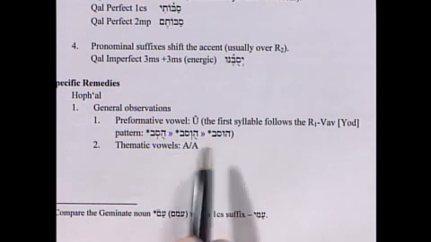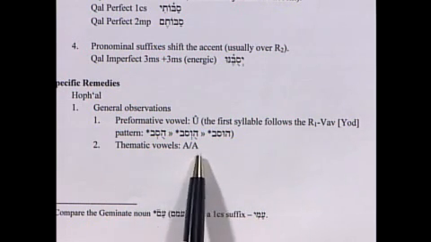And the thematic vowel here will, of course, for Hafal being a qamets form, should not cause us any problems. And so the Hafal is not too bad here in its first syllable. But now we need to look at some other things about the Hafal, some specific things we need to discuss.